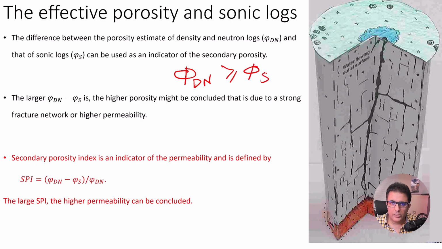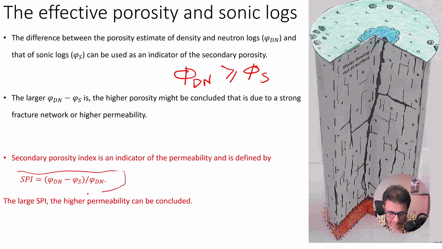If the rock has no fractures in it, the sonic porosity should be equal to the total porosity of the rock. But if there are some fractures, the sonic porosity will be smaller than the total porosity of the rock.